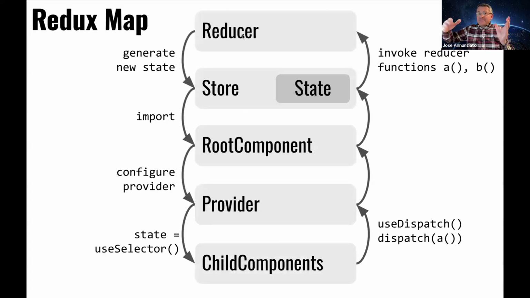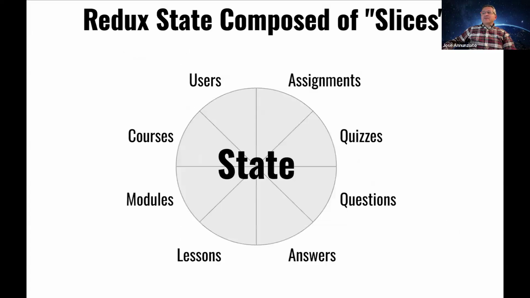So the reducers are going to have some initial value, and depending on different events, they will reduce that initial value into an equivalent representation, which will then be the next state. The next state is going to be computed as the result of reducing the previous state into the next state.